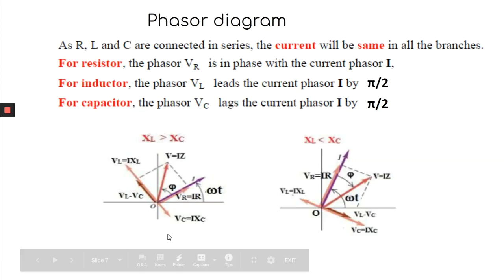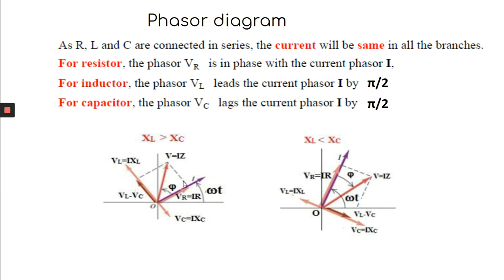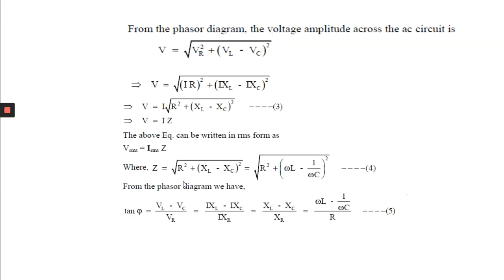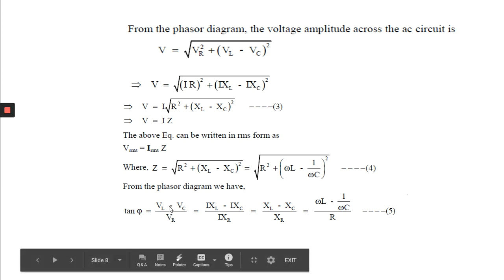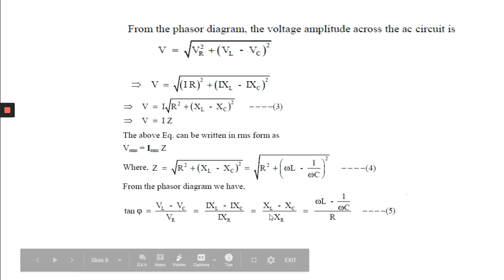Now from the diagram, what is your tan phi? Tan phi is VL minus VC by VR. This can be written as IXL minus IXC by IR, so you can write XL minus XC by R. What is XL?